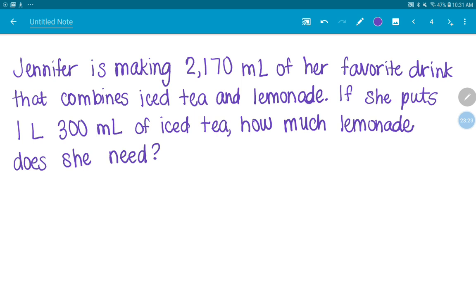Everyone solving. Think about what the problem is saying.